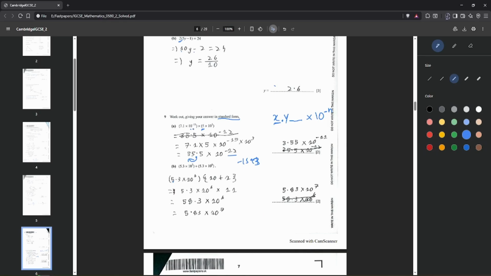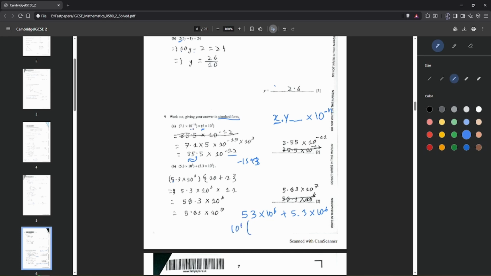Now coming to the next question, we have 5.3 into 10 to the power of 7 plus 5.3 into 10 to the power of 6. So to evaluate this, we have 5.3, this becomes 53 into 10 to the power of 6, and we have 5.3 into 10 to the power of 6, right?